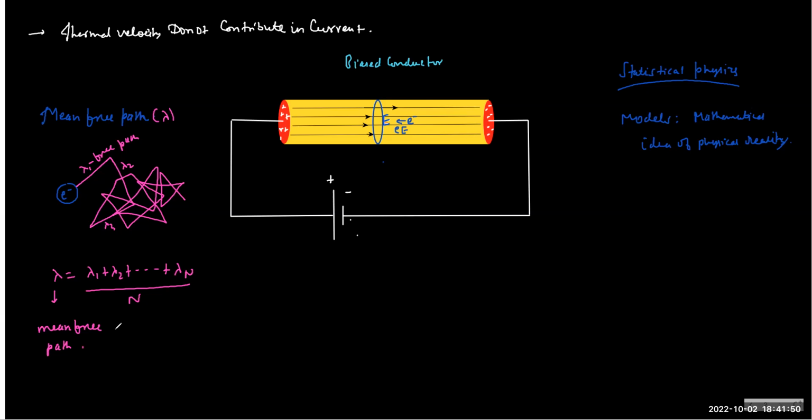We define that lambda depends on charge carrier concentration, and the more the concentration, the lesser the lambda. So if we call concentration n, as n increases, lambda will decrease. I hope this is obvious, right? Yes. So this is the first thing called mean free path.